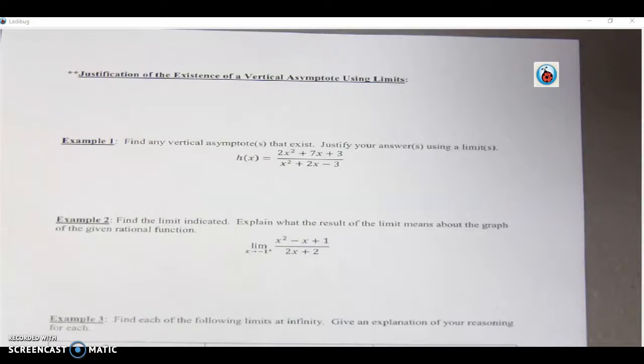So we have this justification of the existence of a vertical asymptote using limits.